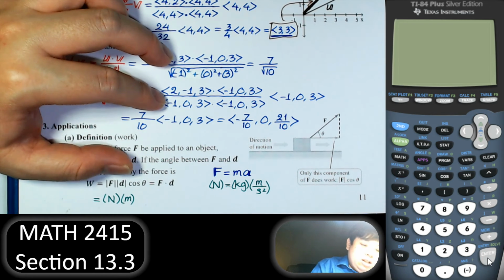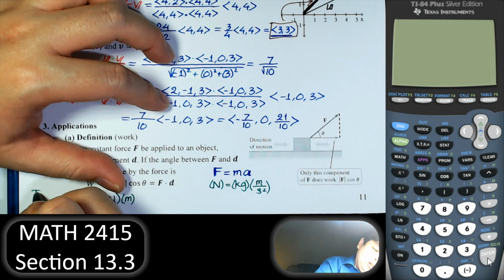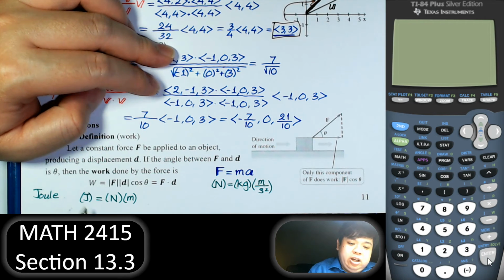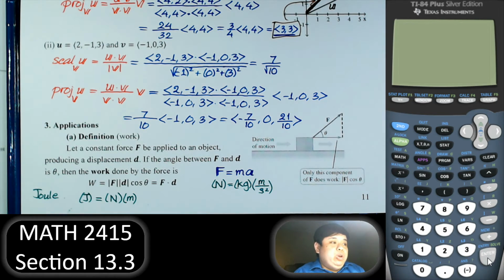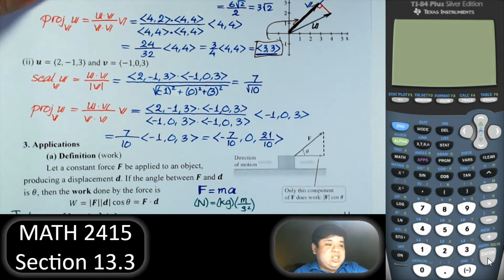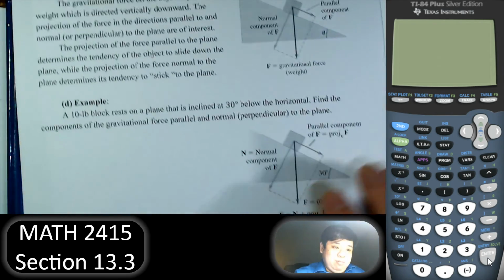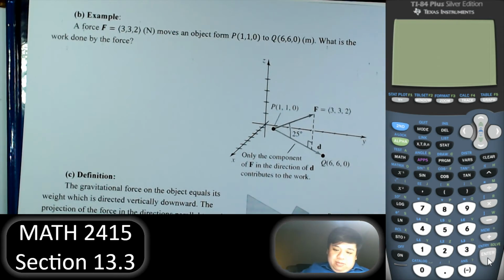And in physics, we define that to be a joule, abbreviated by the capital J. Of course, N is Newton. So that's just a standard unit. Of course, if we use an English system, that will be foot, pounds, and a lot of different things. But just keep with the standard system.